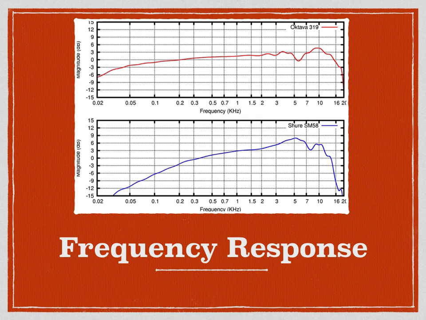Generally, this translates into the SM58 usually being used for vocal performance or recording vocals, and the Octava, the condenser microphones, we usually use them for, they perform very well, as a matter of fact, for higher pitch instruments like acoustic guitar, cymbals, and so on.